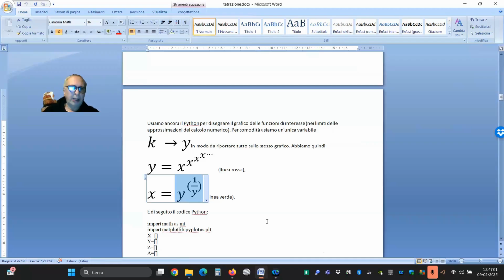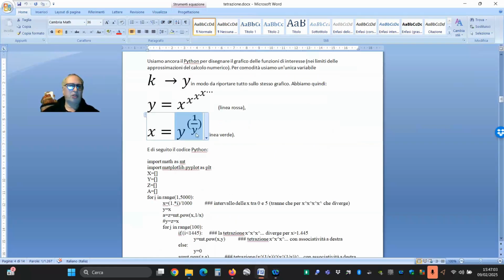This is a problem because from an analytical point of view, it is difficult to perform this inversion. However, there exists, and this is also a useful thing to know, a very simple trick that can help us from both a numerical and a graphical point of view.